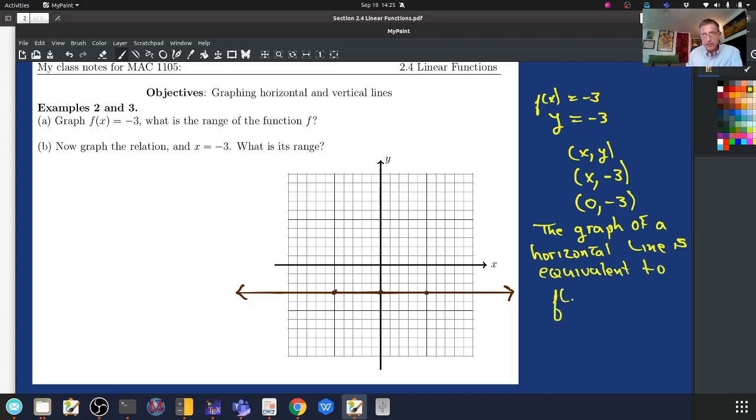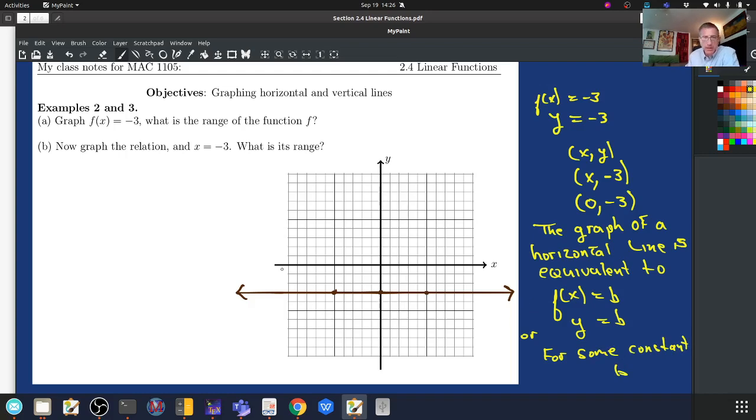F of x is equal to b, or y is equal to b for some constant b.